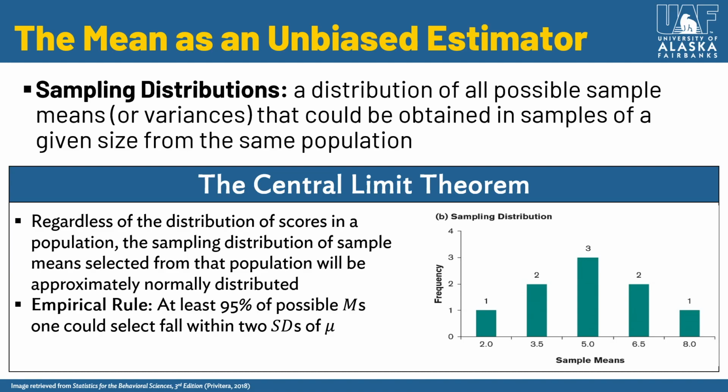And that could mean that we did something wrong with our sampling, or it could just mean that it was a very rare case in which our sample did not fall within those 2 standard deviations, or even within 1 standard deviation, right? And so that's why any one study alone could be flawed.